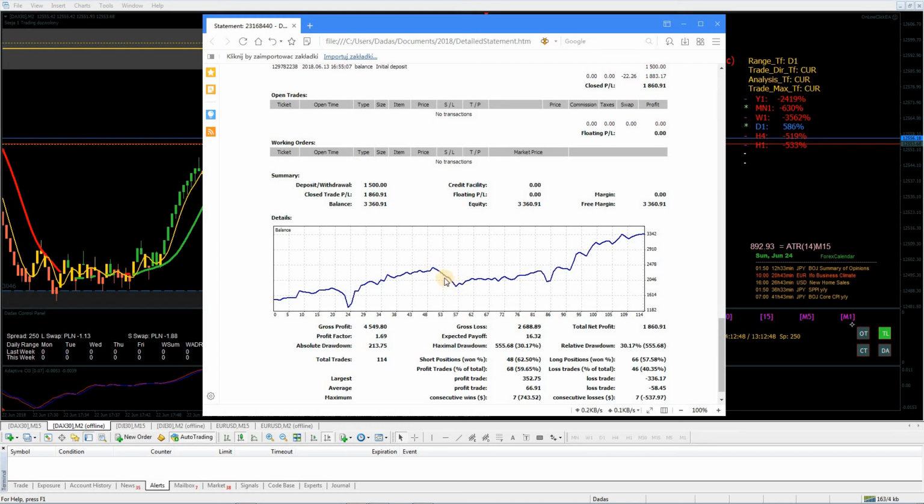Unfortunately, with my psyche, there are times when I still let the drawdown go so low, but then I do my best in order to get back, right? But anyways, I'm not satisfied with myself as far as those drawdowns are concerned. So I still need to work on that factor of mine.